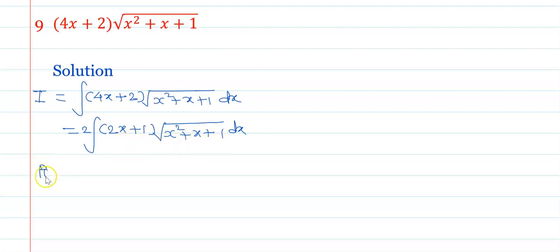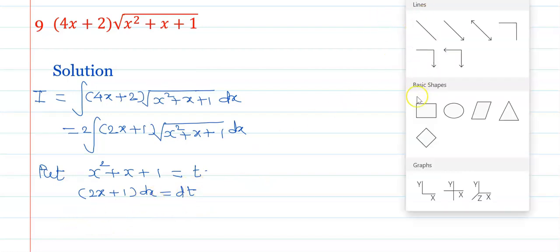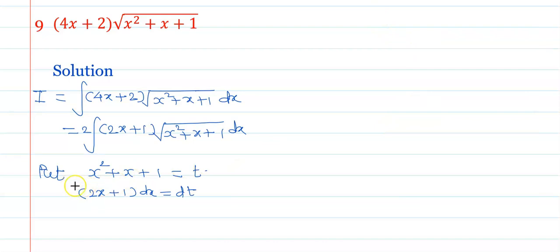Therefore, put x square plus x plus 1 equal to t. Its derivative is: the derivative of x square is 2x, the derivative of x is 1, bracket complete, into dx is equal to dt, and this we require here. This is important.